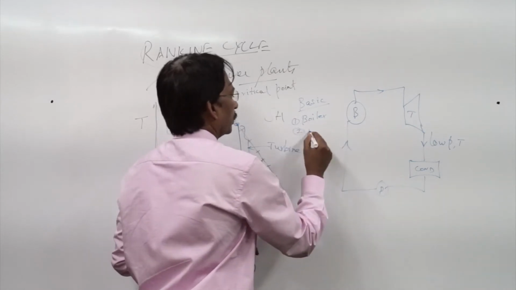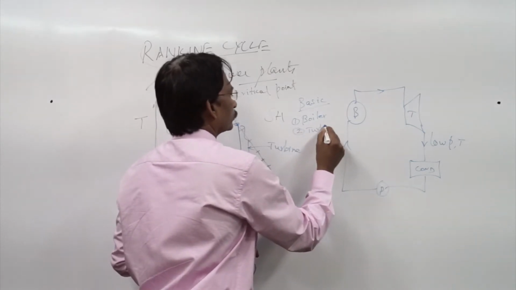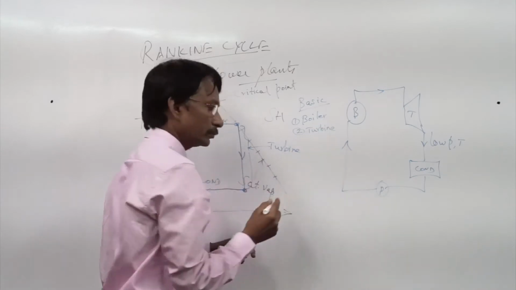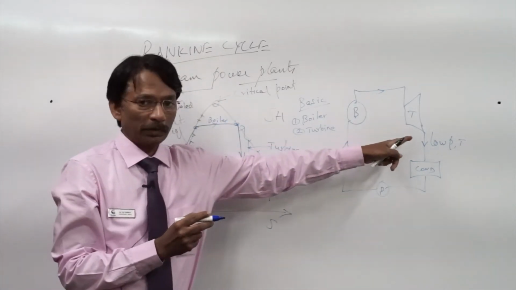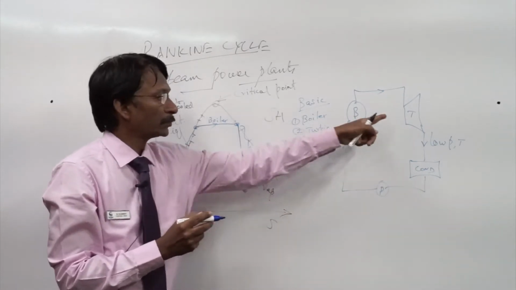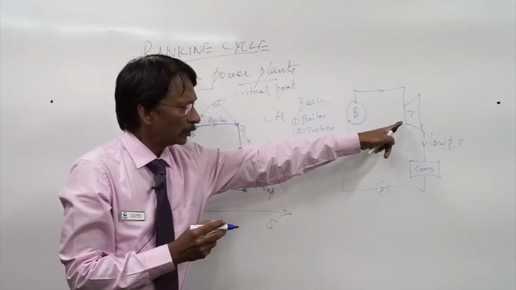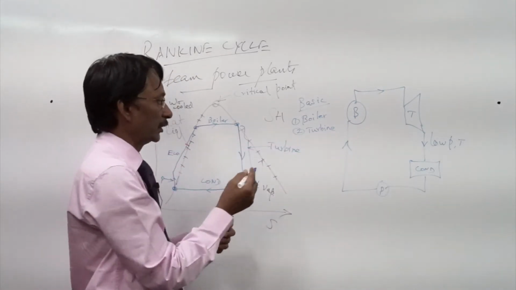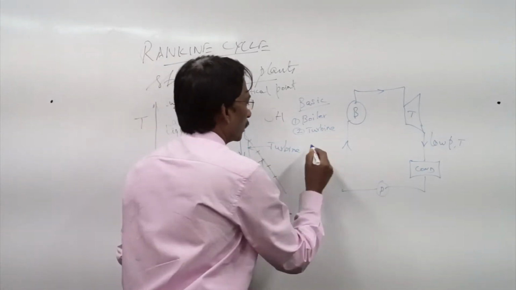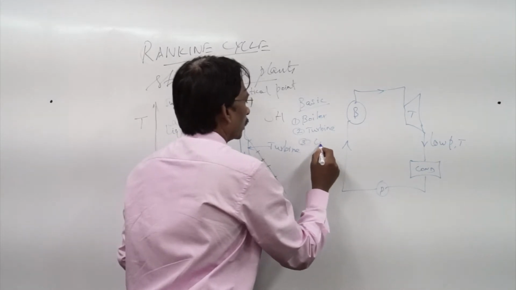Number two, we have turbine, which extracts work from steam. So here is where the thermal energy contained in steam is converted into rotational energy or mechanical energy. And third, the condenser.